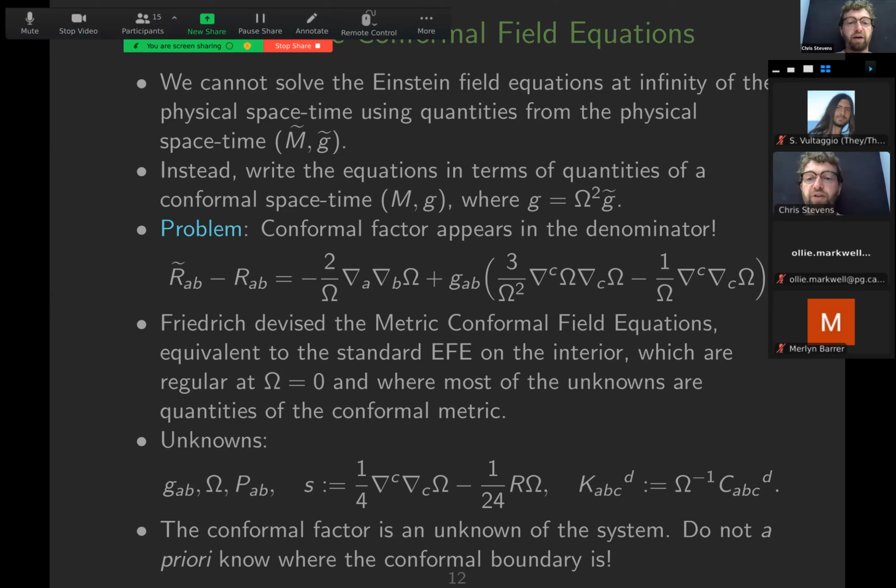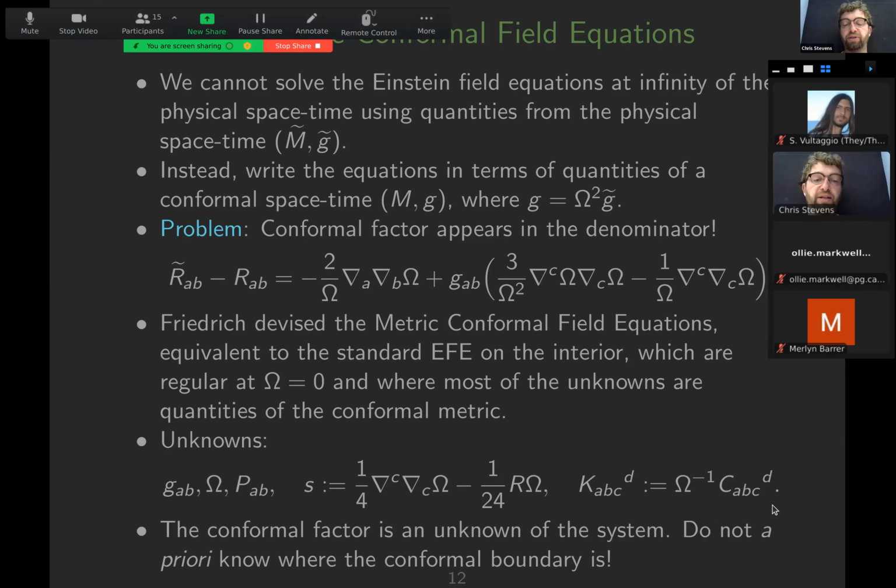It turns out that the unknowns of the system, so things start to get a bit more intense now, are the conformal metric, the conformal factor, the Schouten tensor. This is a combination of the Ricci tensor in a particular way, and it defines this new quantity S. And we have this conformal rescaling of the Weyl tensor.